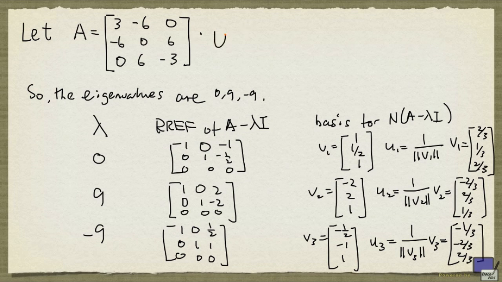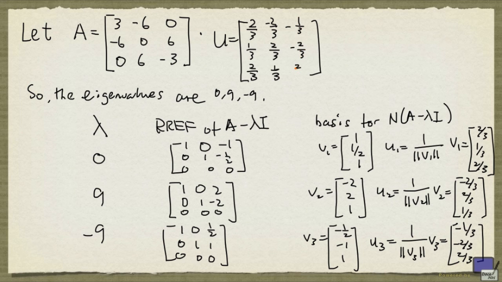And so we can set U to be the matrix consisting of U1, U2, and U3. And so that's the matrix 2/3, 1/3, 2/3 in the first column, minus 2/3, 2/3, 1/3 in the second column, and minus 1/3, minus 2/3, 2/3 in the third column.